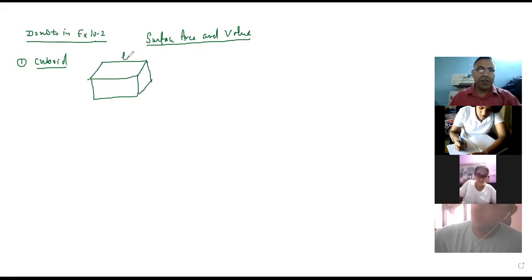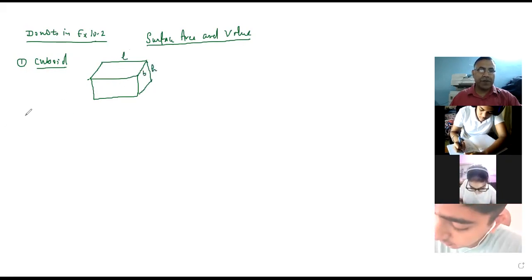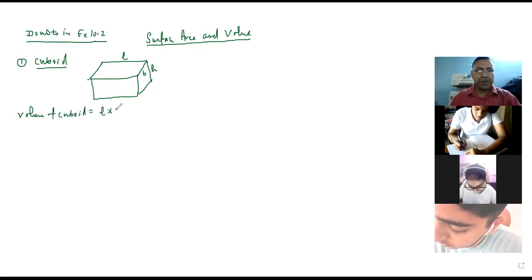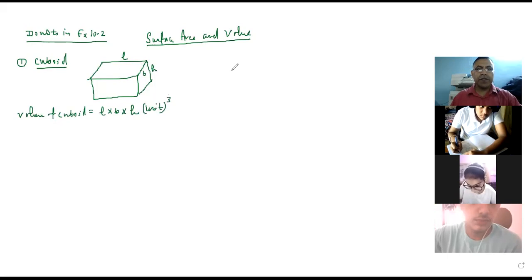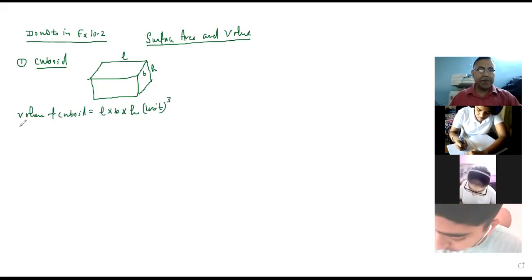So this is the length, this is the breadth, and this is the height. All are different. So volume of cuboid is length times breadth times height, and it is in unit cube. It may be centimeter, it may be meter.